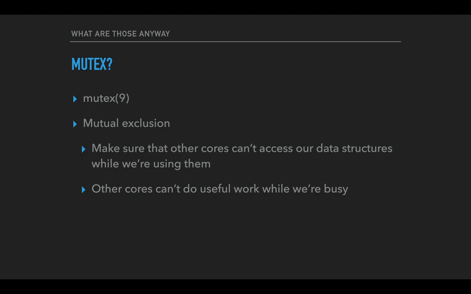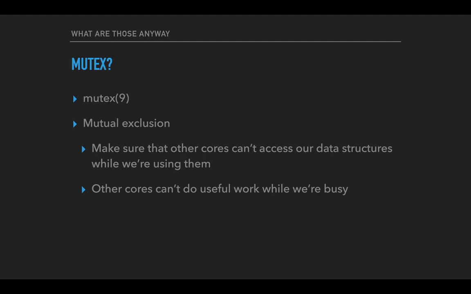The downside of it, of course, is the mutual exclusion bit, that only one core can do useful work at a time. So we might have this very fancy and expensive 40-core machine with a network card that will very helpfully spread packets out across different cores, so all of the cores can process them at the same time, and we can go really fast.